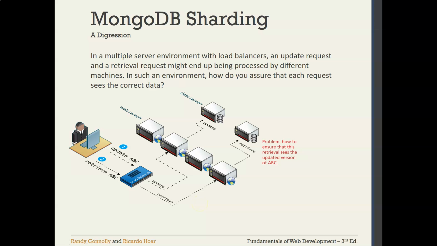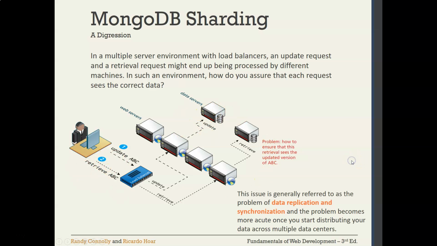Well, one of the problems that is more of an issue when it comes to writing data or modifying data is what happens when you update a piece of data, right? And then later try to retrieve that update, and it might be on a different data server. So this is this problem. How do you ensure that the second retrieval sees this update?